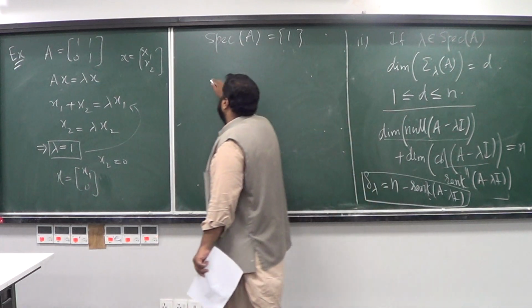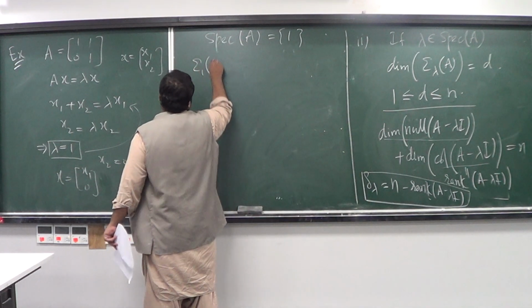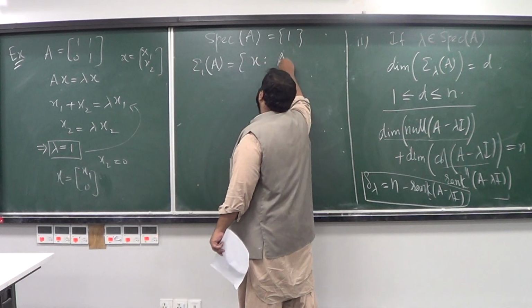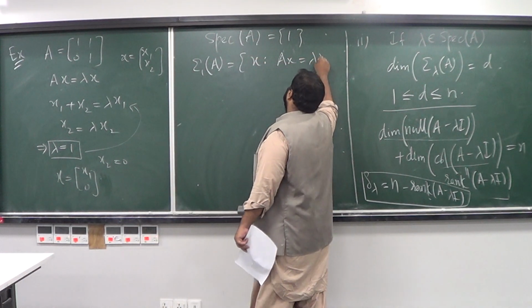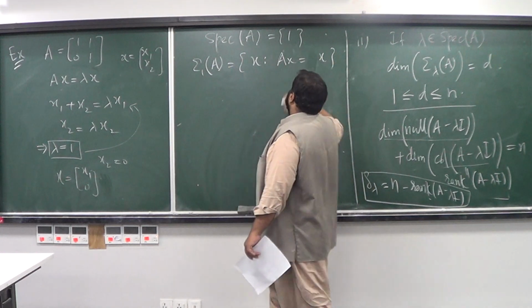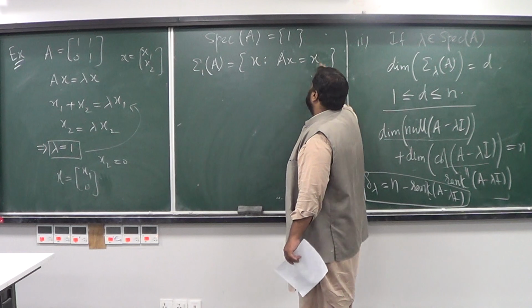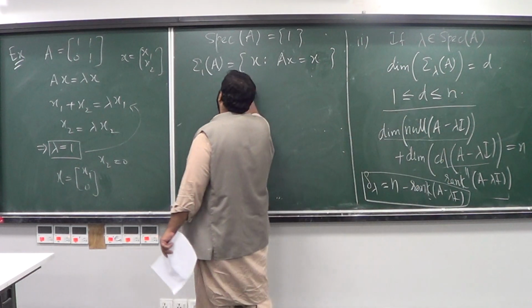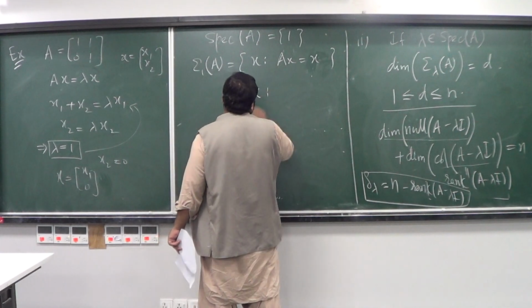So what would be the eigenspace associated with the matrix A? It's a collection of the vectors for which you have Ax equal to lambda x. But lambda is 1, so it's a collection of the vectors for which Ax equal to x. Which are those vectors?